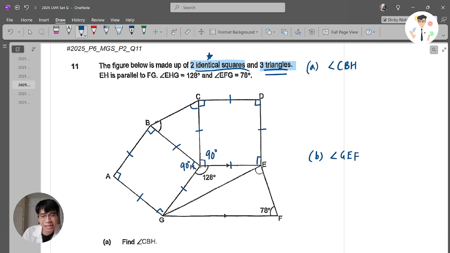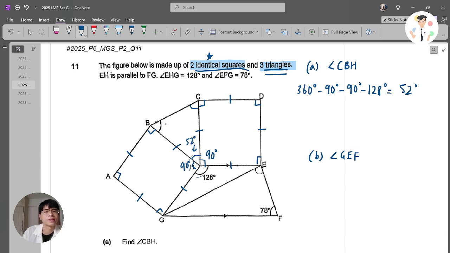And I know angles at a point is always 360. This is what we learned in booklet 5. So all these add up to 360. So if I want to find the angle here, I just need to use 360 minus 90 minus 90 minus 128, which gives me 52 here.